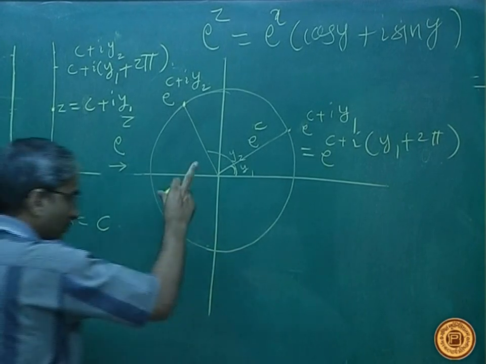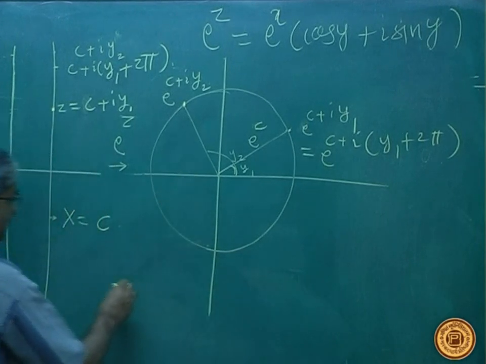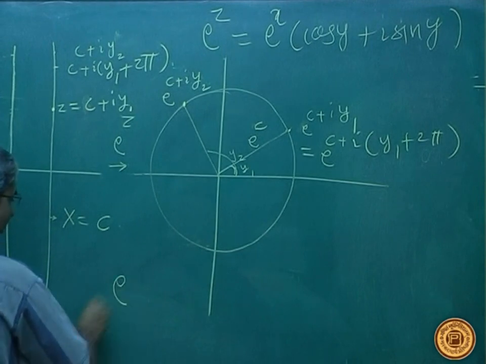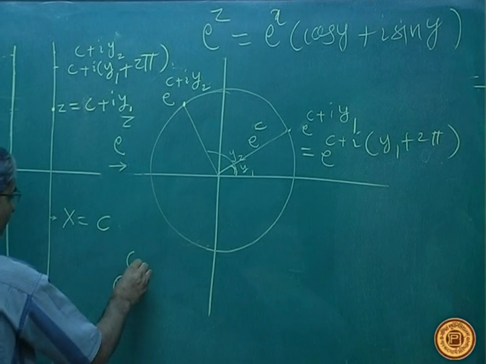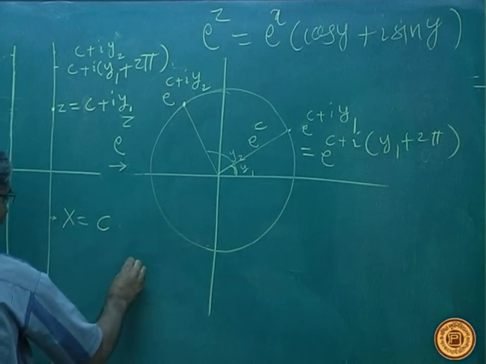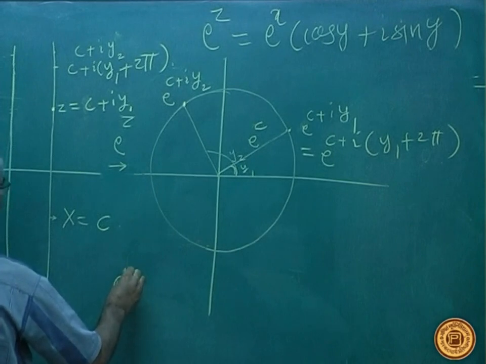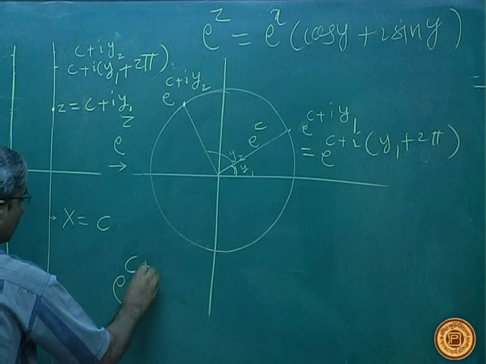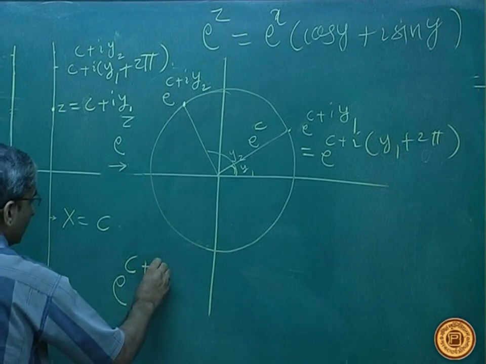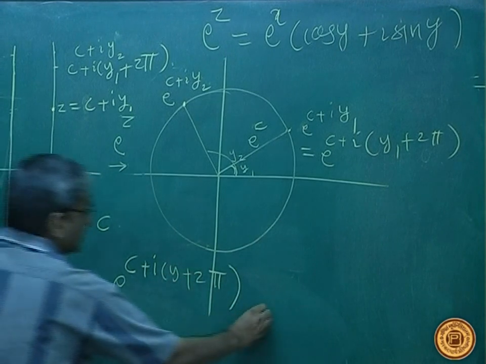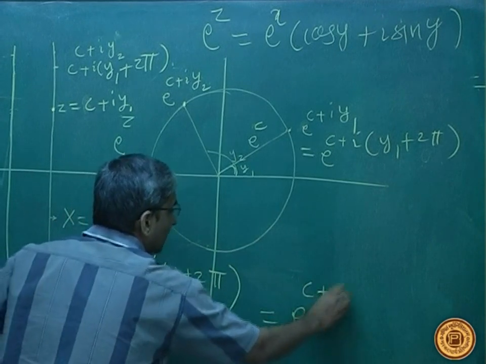So this is an important property which says that e to the power z, if you take and just add a multiple of 2 pi, so c plus i times y plus 2 pi, is the same as e to the power c plus iy.